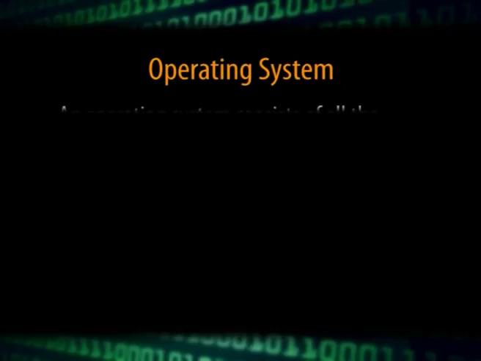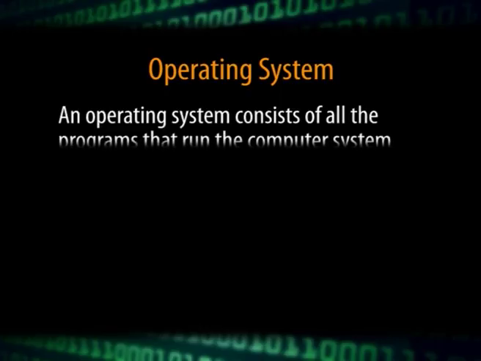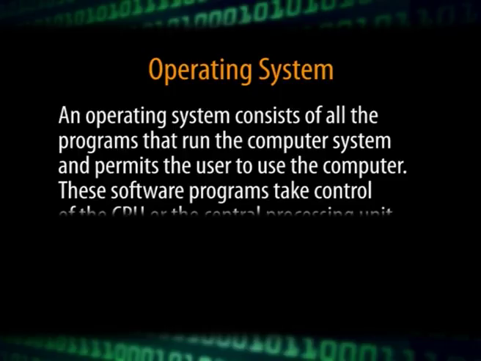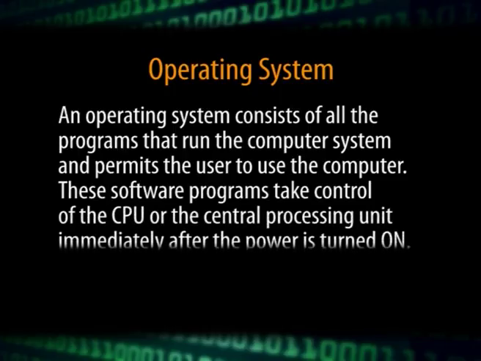An operating system consists of all the programs that run the computer system and permits the user to use the computer. These software programs take control of the CPU, that is the central processing unit, immediately after the power is turned on.